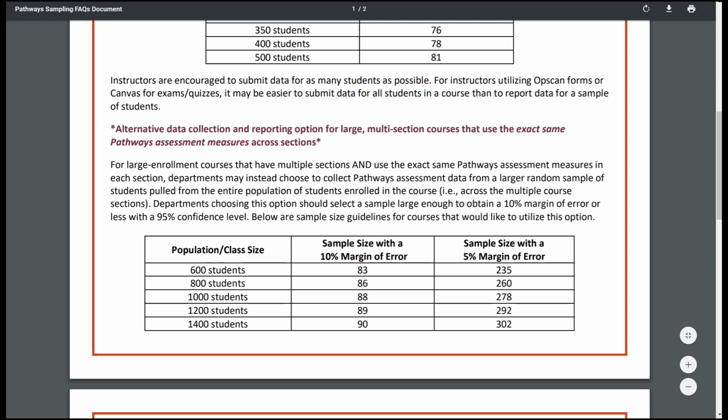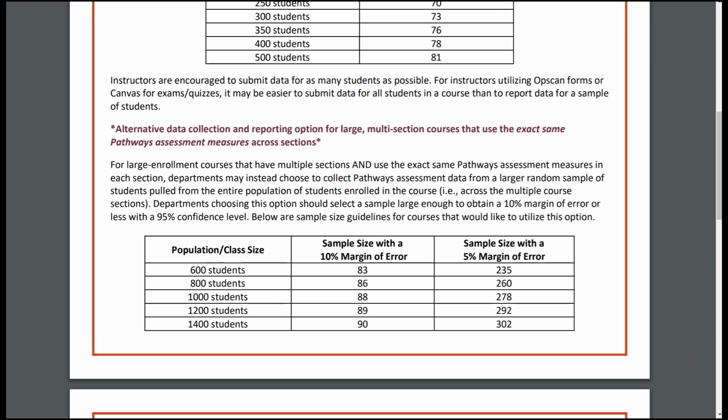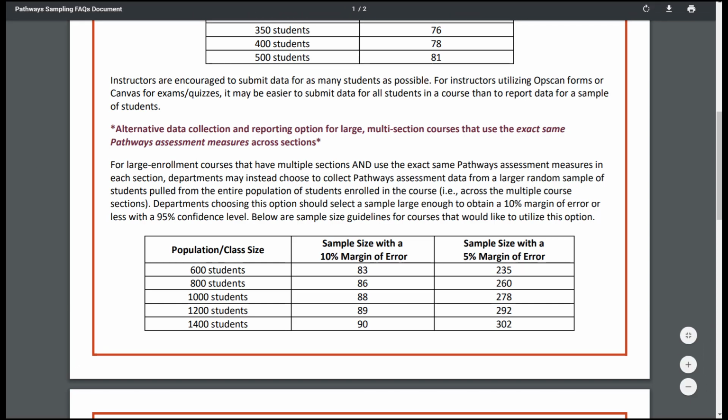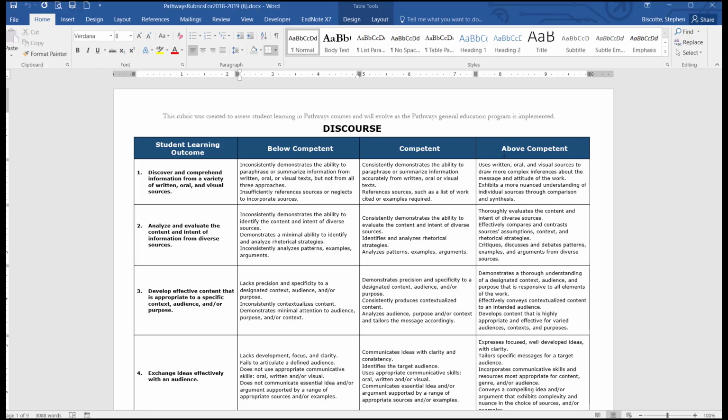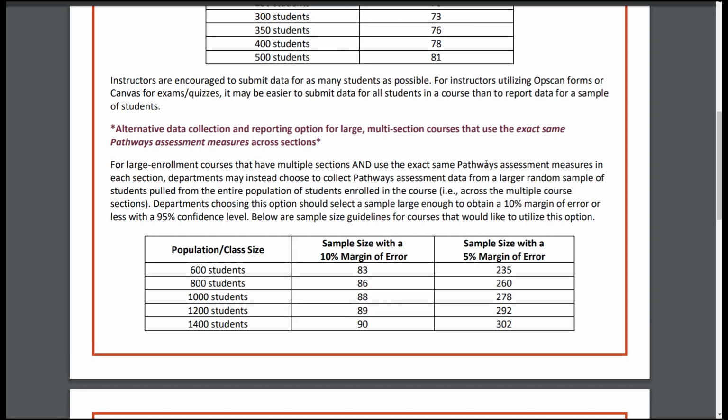For Step 3, we are mostly concerned with the assessment criteria column in the Pathways assessment reporting form, which we'll go back to now, and that's also located in the General Resources sidebar.